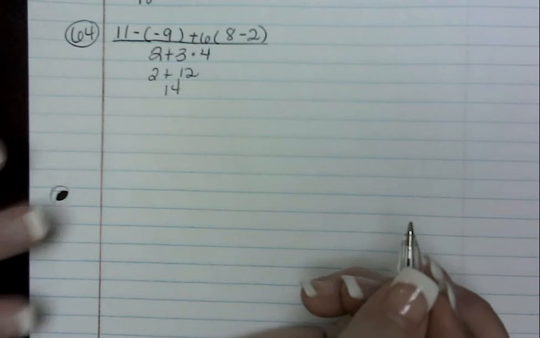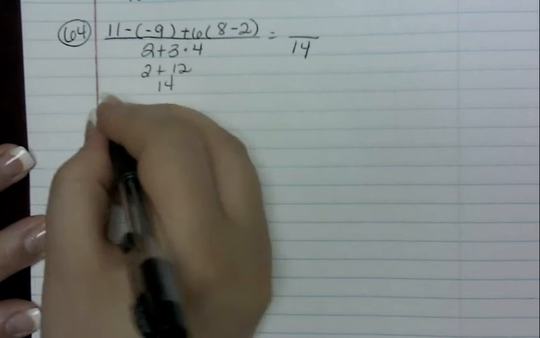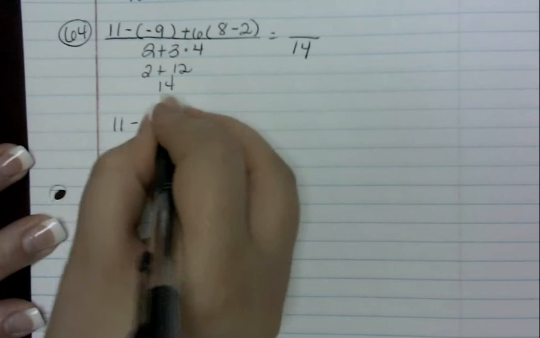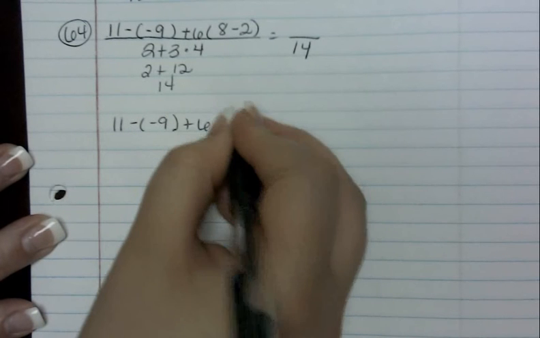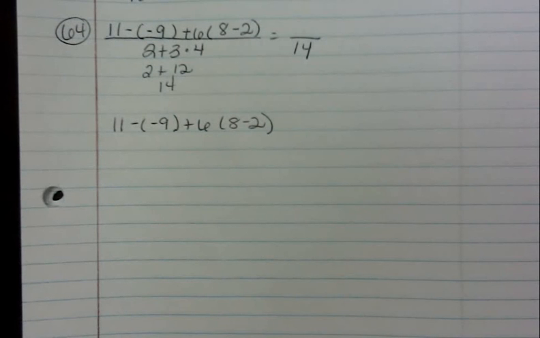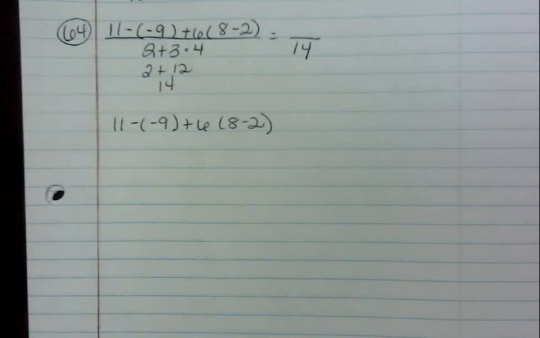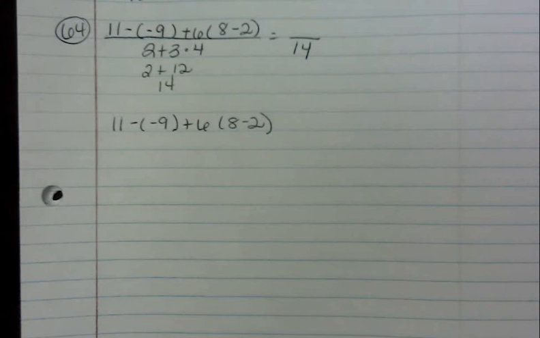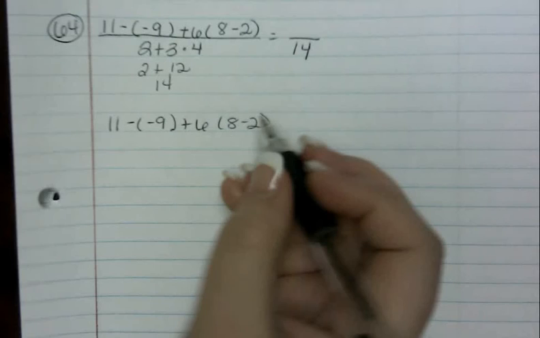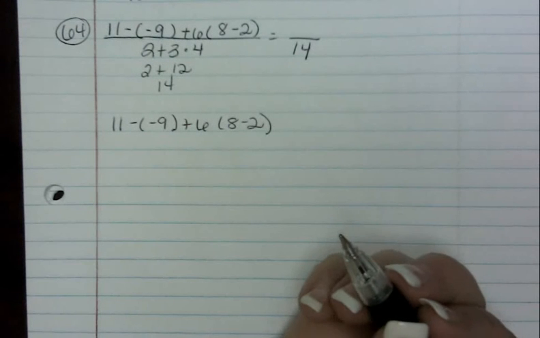So now let's talk about that numerator. I have 11 minus negative 9 plus 6 times 8 minus 2. Well, I have two sets of parentheses here, but this first set of parentheses is just a number. There's nothing I can do with that. So we leave that parentheses alone. And now we come over here and we see our 8 minus 2. 8 minus 2 is 6.